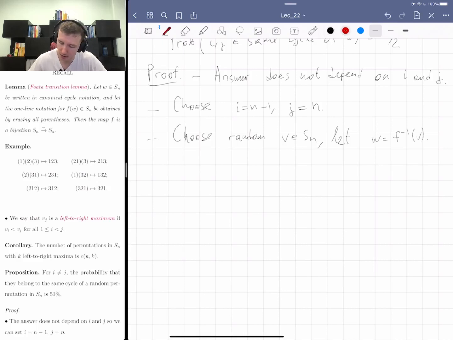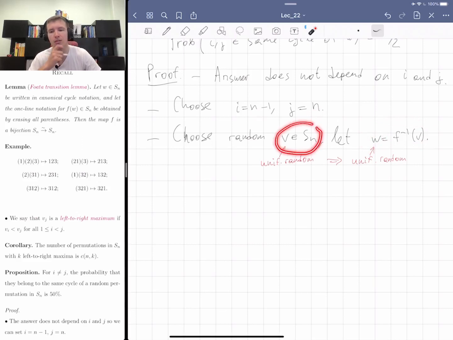So v is uniformly random, f is a bijection, therefore w is also uniformly random element of Sn. So let's see, if you want n minus 1 and n to belong to the same cycle of w, what does it mean in terms of v? How does it translate under this map f?